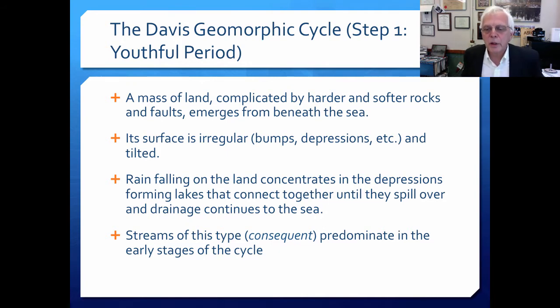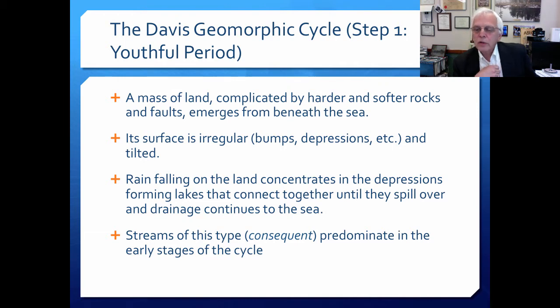It has bumps and depressions, and you can think back to that stream table and see how, even though those students were smoothing out the surface, it was still quite rough. It had bumps and depressions, and of course it's slightly tilted because there's nothing in the world that is perfectly level, it seems, except for perhaps the sea surface.